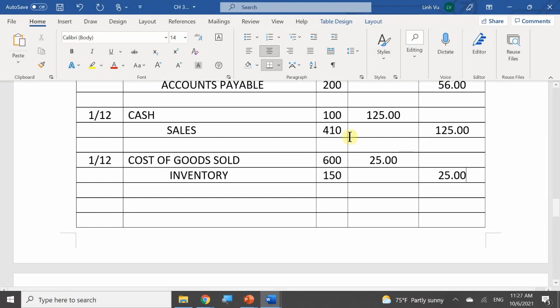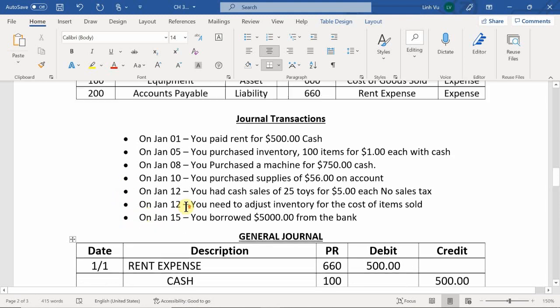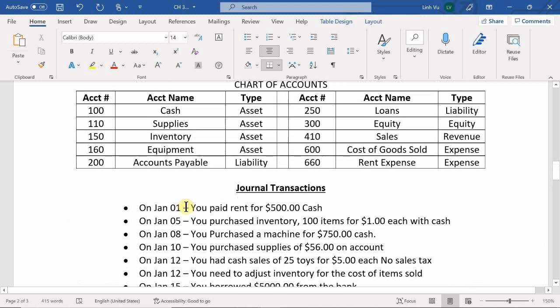Okay. All right, last but not least, on January 15th, you borrowed $5,000 from the bank. So, what account am I going to be using if I borrowed money from the bank? Loans. Mm-hmm.